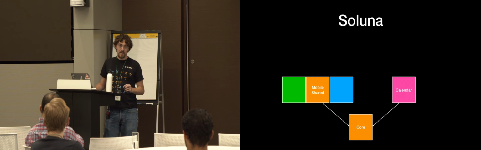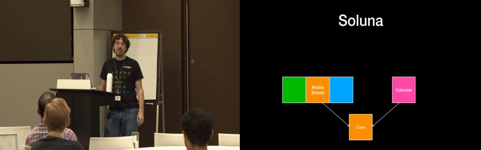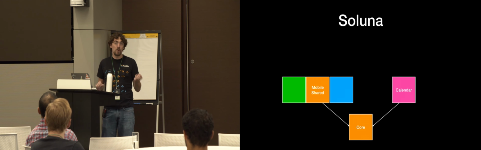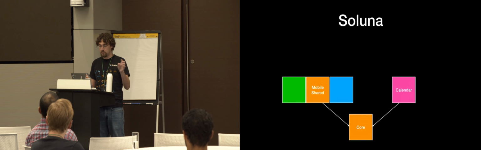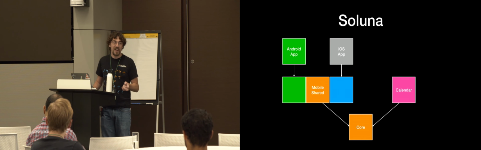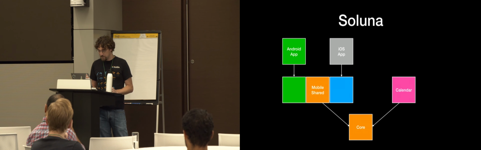There's a shared mobile component that has the mobile app architecture that's not relevant to the calendar, but is shared between Android and iOS, and then the Android and iOS apps that consume that. So we'll go through layer by layer, talk a bit about the functionality, some of the code and choices I've made and dependencies I've used, to give you an introduction to what some of this looks like and what I've done so far.